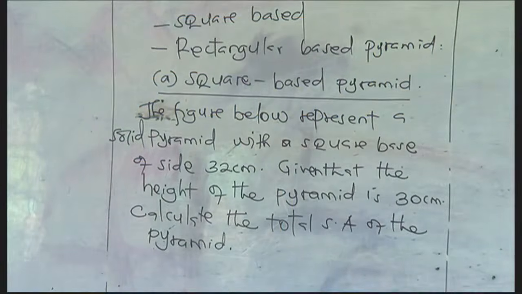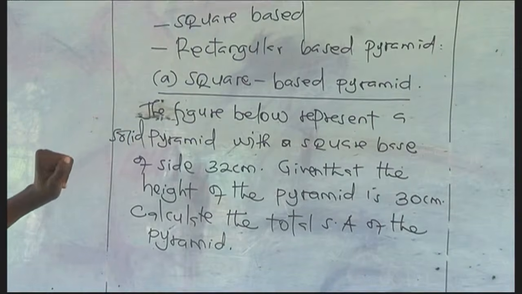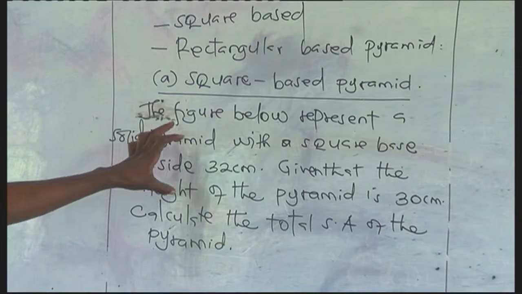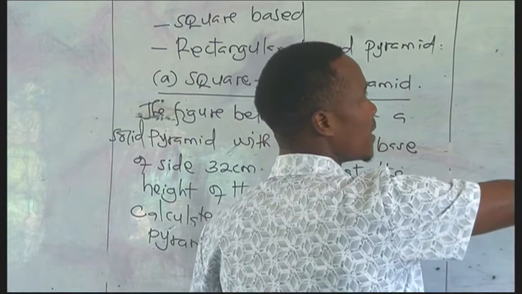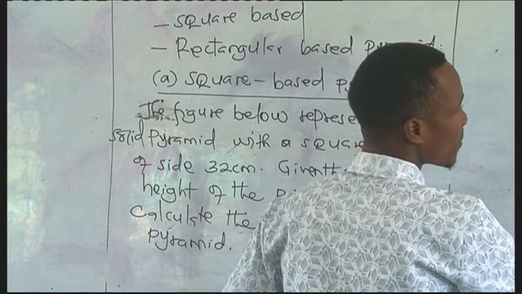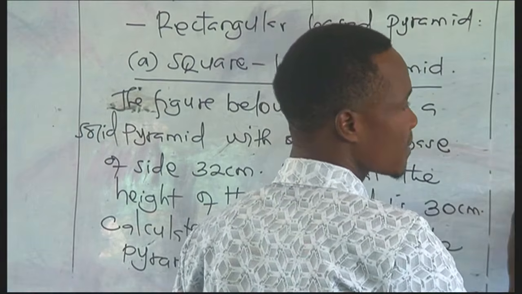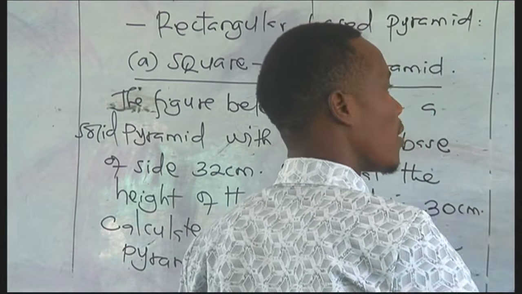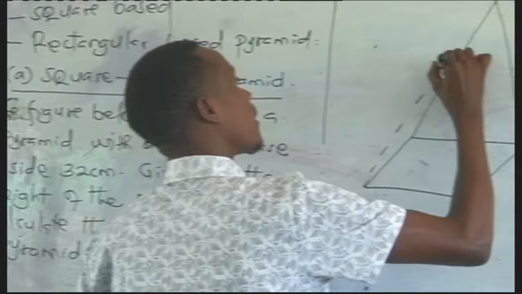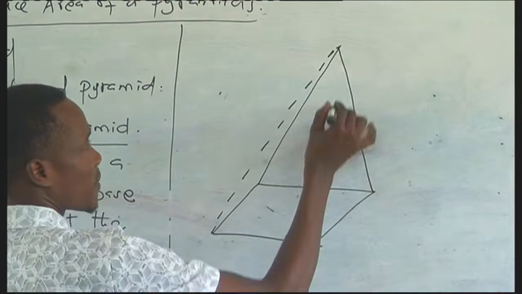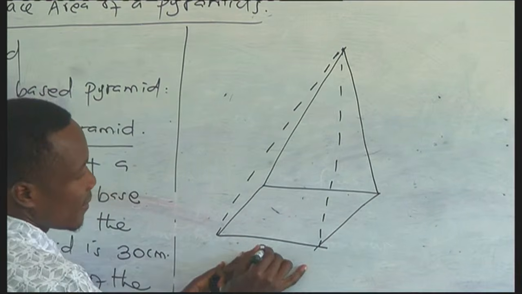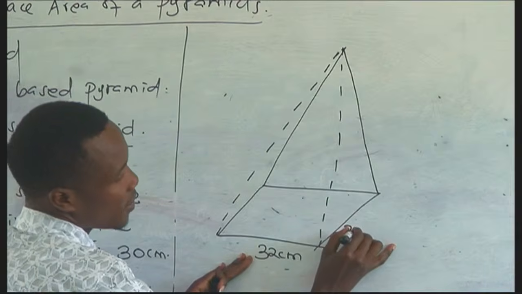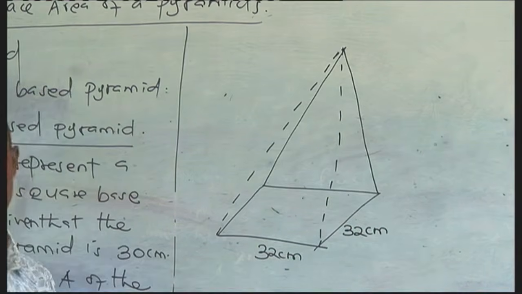Now, given such a question, you are told the figure below, which I'll draw here, is a pyramid with a square base of side 32 centimeters by 32 centimeters. Of course, a square has all sides equal.